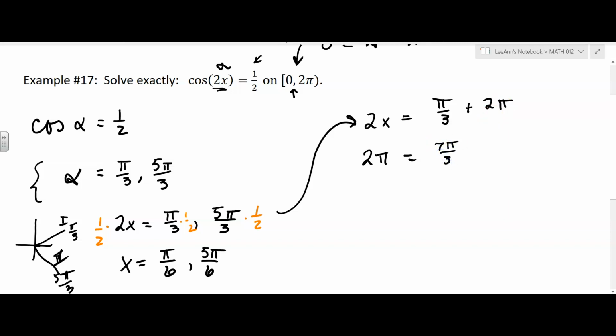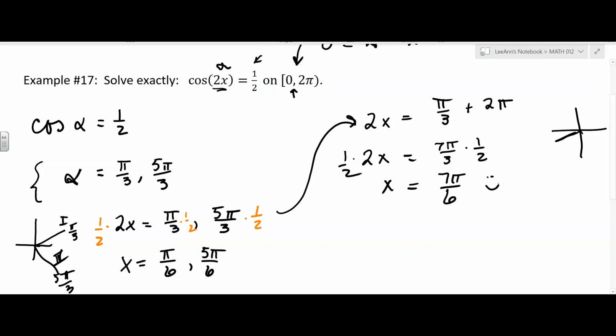But then when you divide by 2 or multiply by 1/2, you get x equals 7 pi over 6. I keep changing my x, goodness sakes. Okay, x equals 7 pi over 6. That's in the range. It's over here, and so that is between 0 and 2 pi. So this is a solution right here. So we found another one by adding 2 pi.